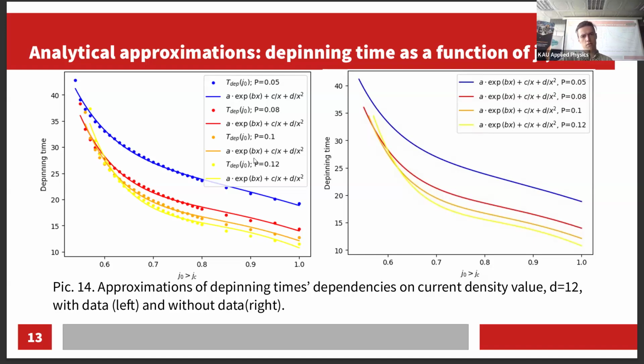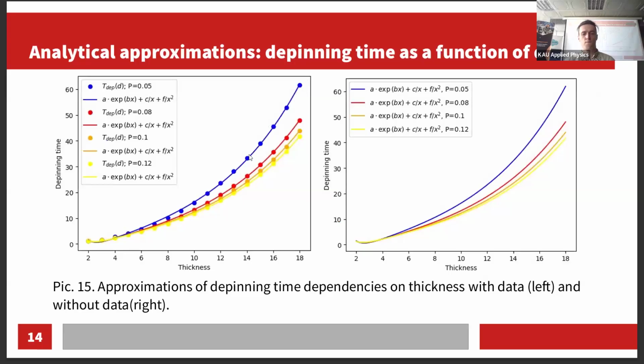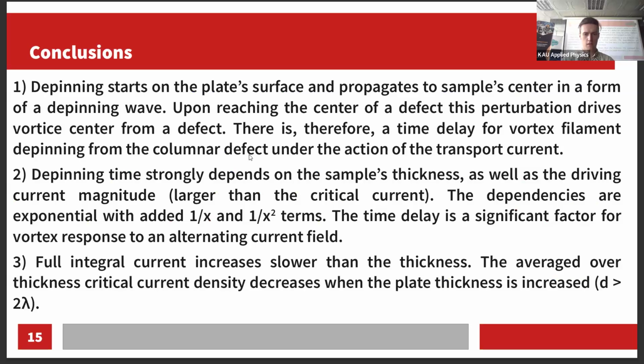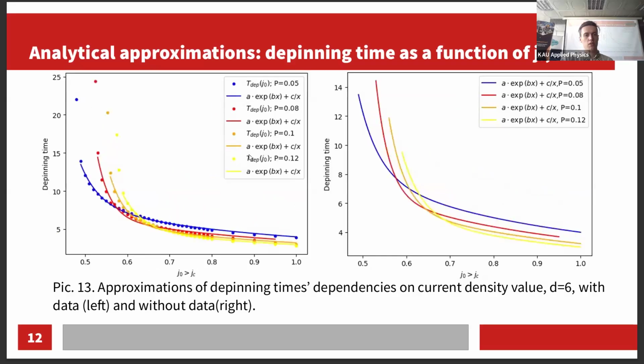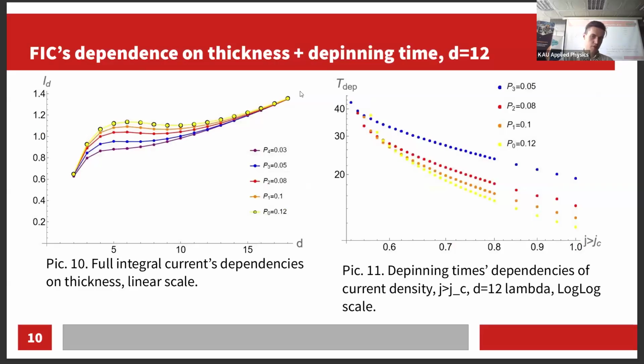Okay, and again, let's go to the conclusions. And the last conclusion, I do not understand what means slower than thickness. Could you explain what means slower than thickness? You could see it right here. So the full integral current increases when we increase thickness. However, it does so at a slower rate than the I equals d function.